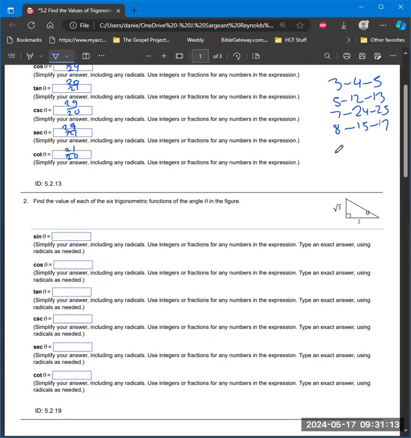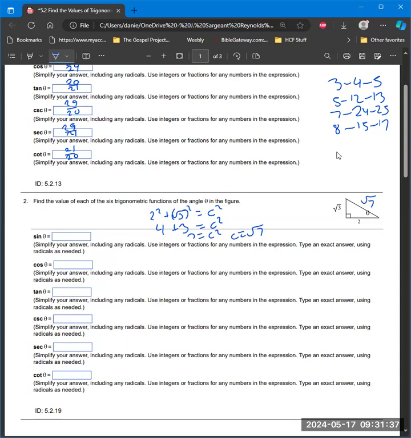Now let's complete this triangle here. That's going to be 2 squared plus the square root of 3 squared is equal to C squared. So 4 plus 3 equals C squared. C squared equals 7, which means C equals the square root of 7.